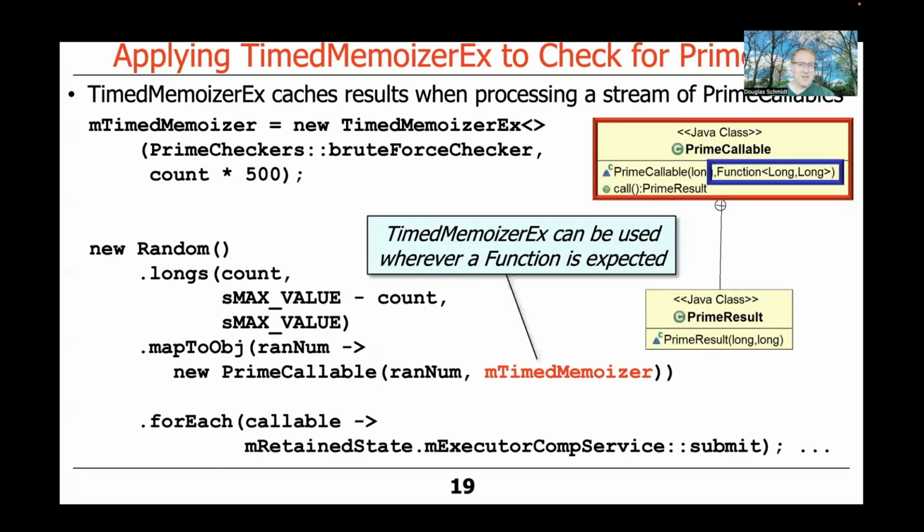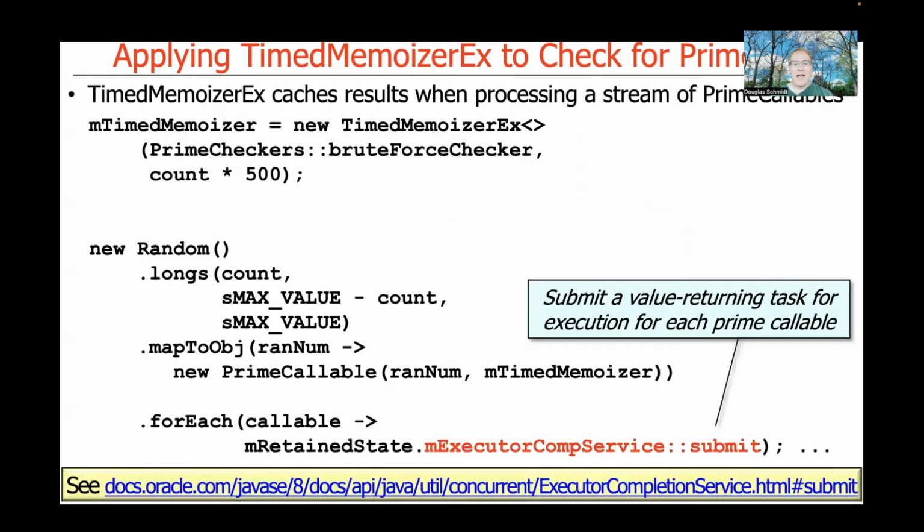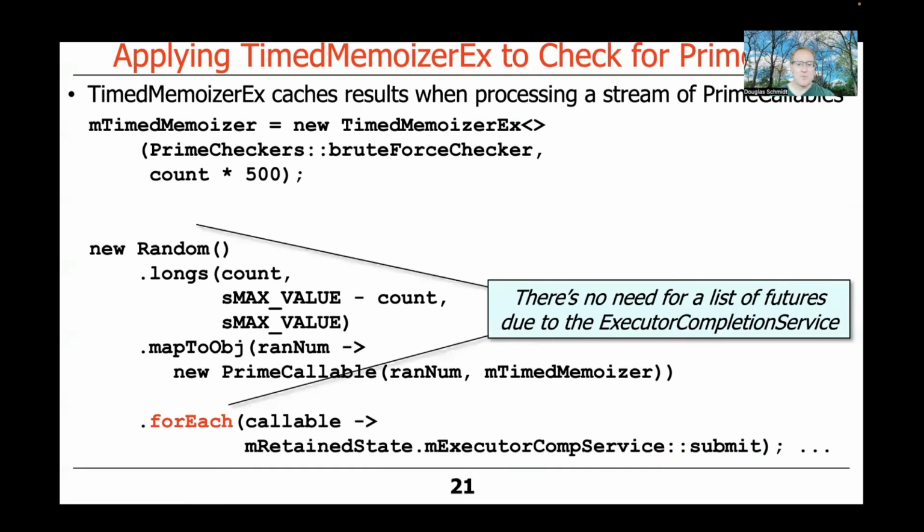And this is possible because the TimedMemoizer is a function, so we can register it with something that expects a function, and then it transparently does the caching optimization that the memoizer provides with the ability to purge stale entries. And then we use the for each method to submit each of these prime callables, and they get run in the fork join pool in the background and produce the results.